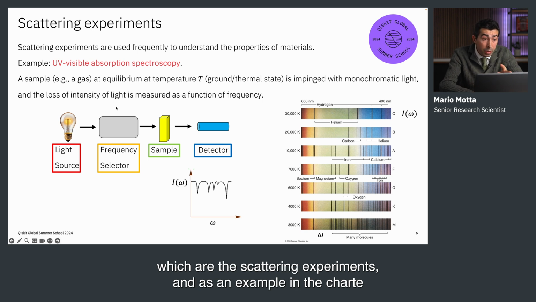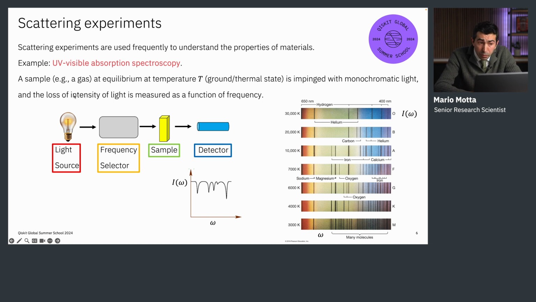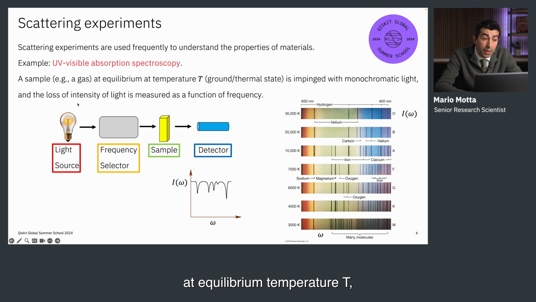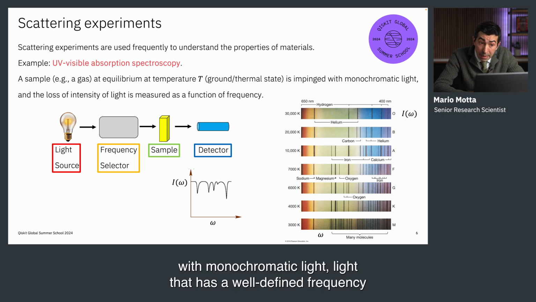As an example, in the chart we can consider ultraviolet-visible absorption spectroscopy. In this kind of experiment, some sample, that's the yellow thing, at equilibrium at temperature T, for example at temperature 0 when it is in the ground state, is hit with monochromatic light that has a well-defined frequency omega.